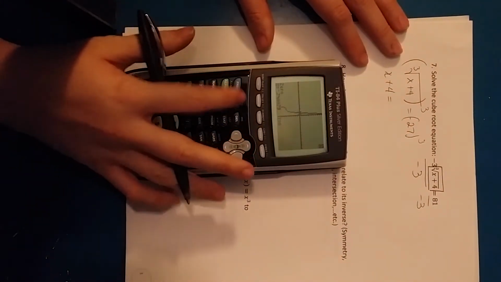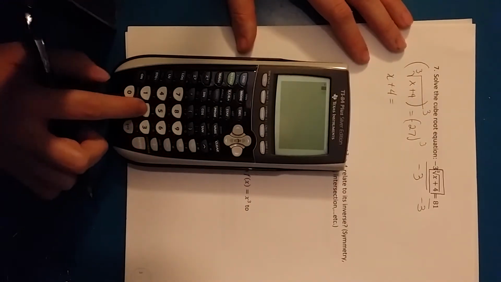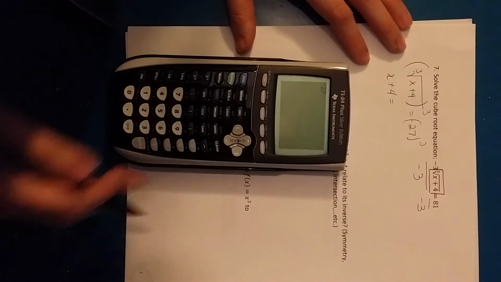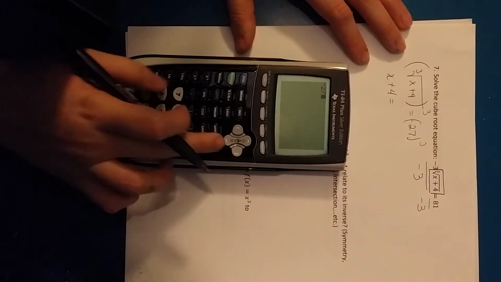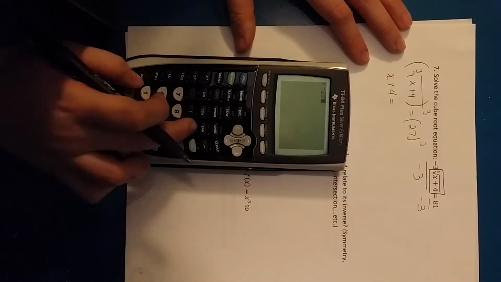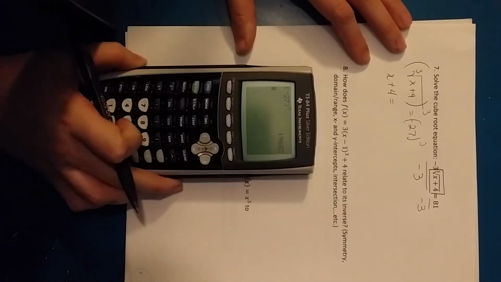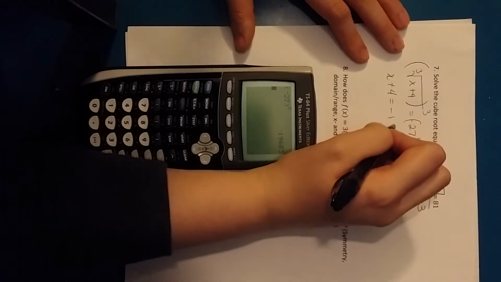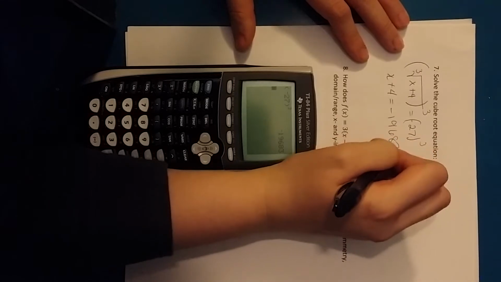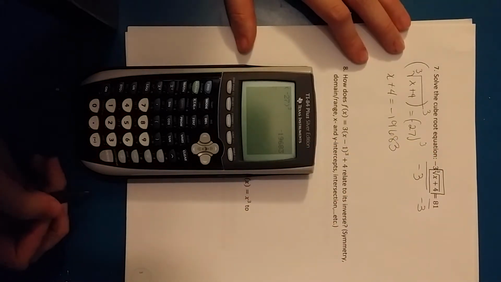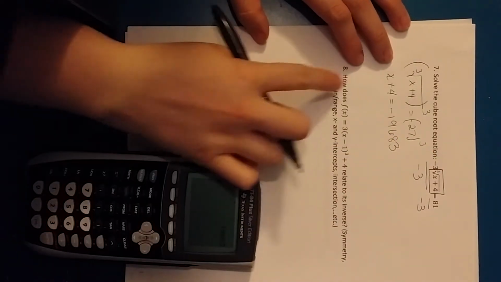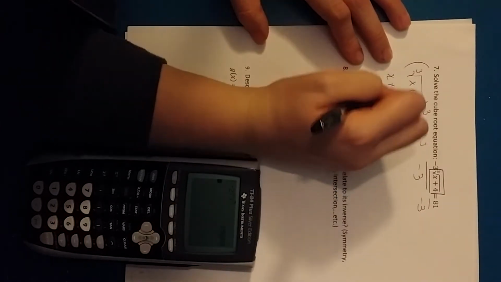And that's going to get pretty big. I don't know the cube of -27 offhand, so I'm going to go to my calculator. Cube that, I get -19,683. So now it's just asking for x, so I can subtract 4.